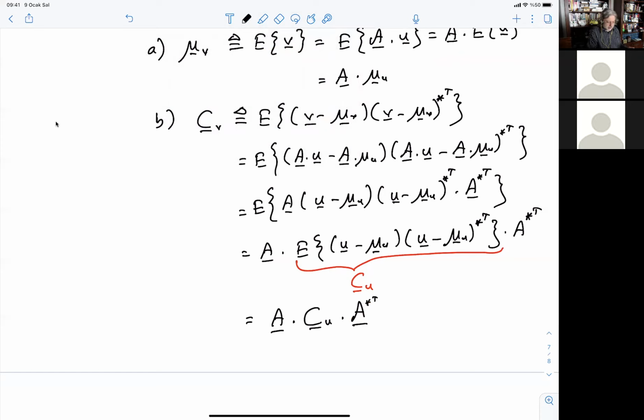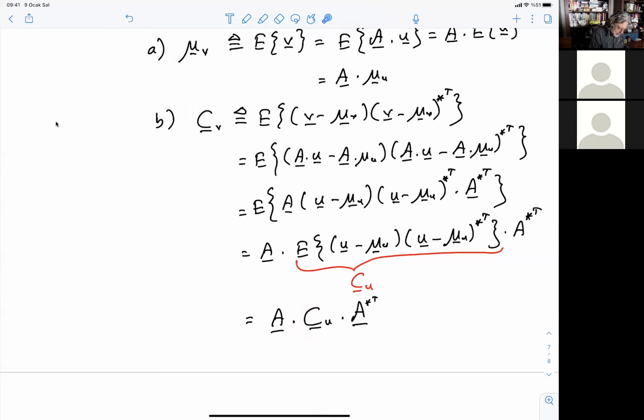So the autocovariance of the transform is transformed by multiplying from the left-hand side by A and from the right-hand side by A conjugate transpose. And remember that A conjugate transpose is the inverse of A for orthonormal transforms. So it's like A times this times A inverse in a way.